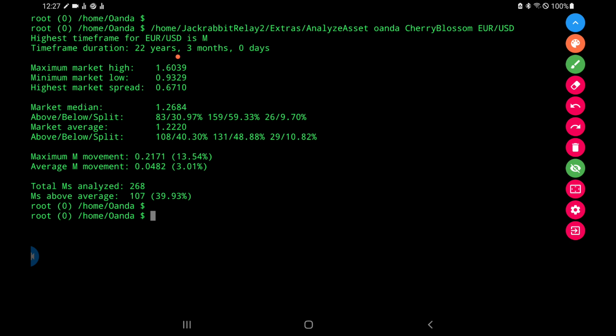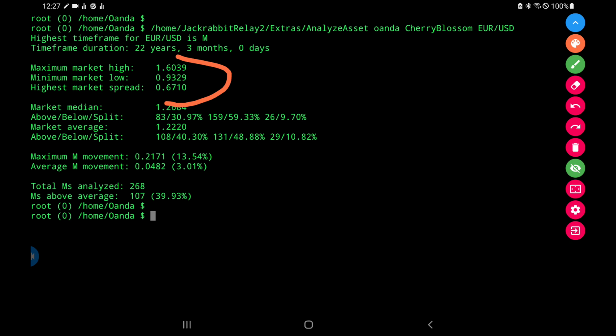Let's start right at the top: the highest market value, the lowest market value, and the spread or distance between the highest and the lowest. This is, for all intents and purposes, a worst case scenario.